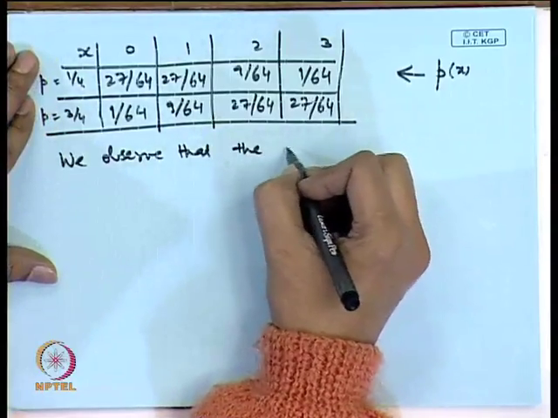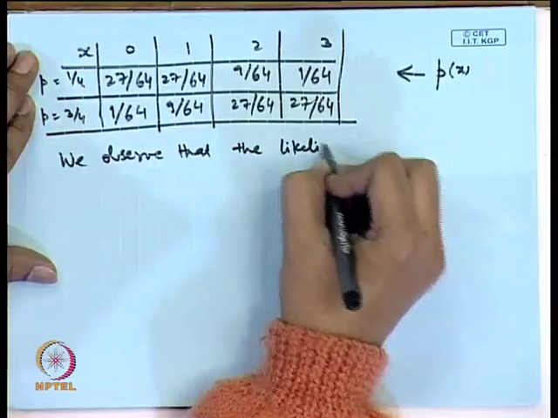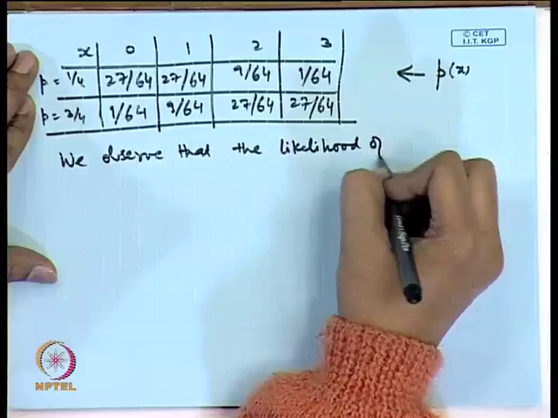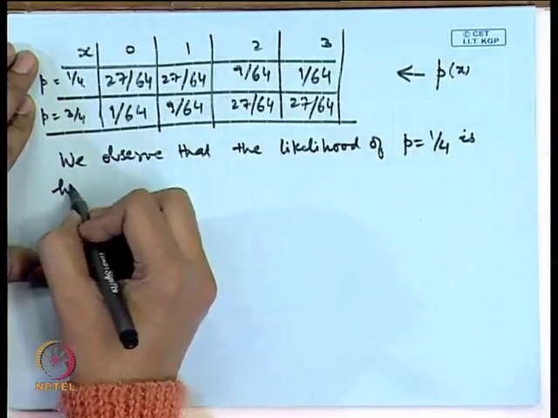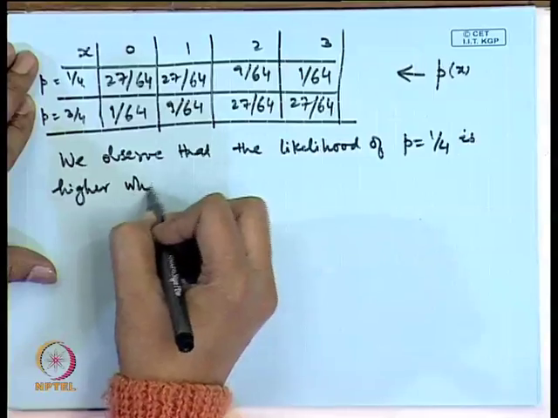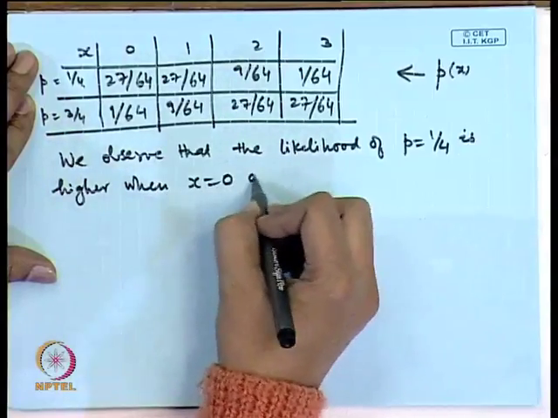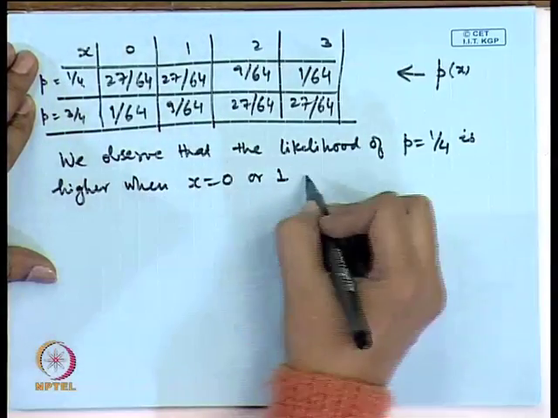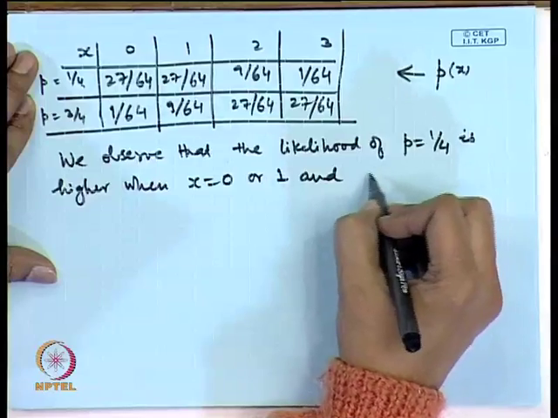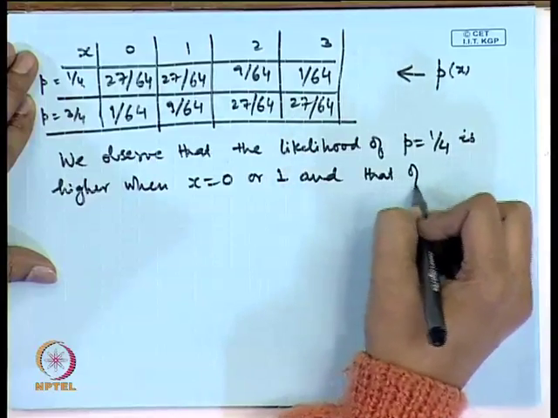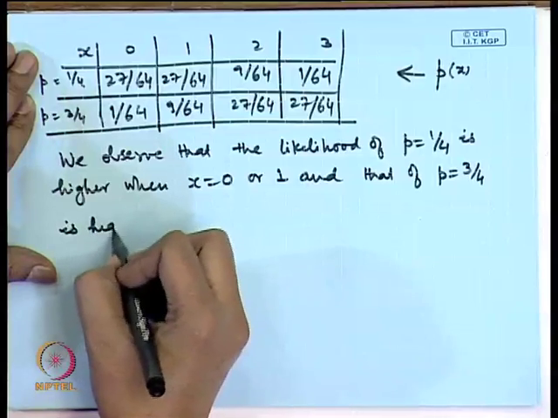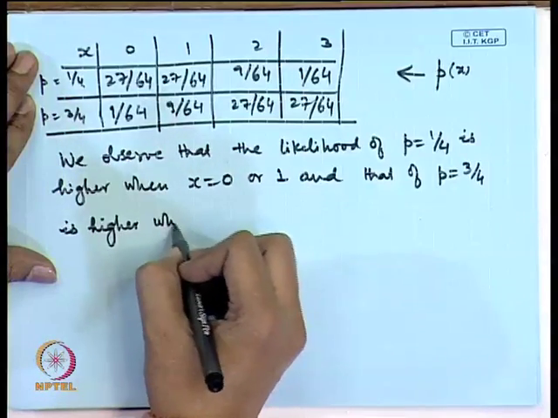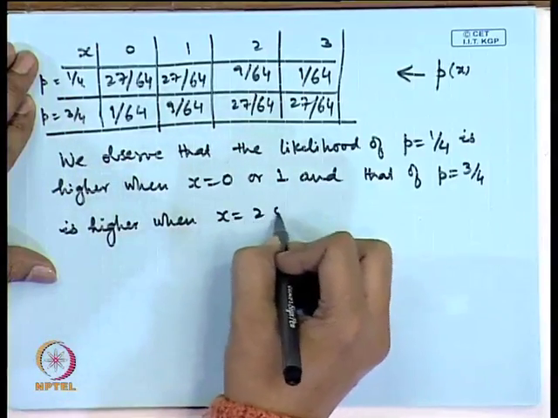We observe that the likelihood of p equal to 1/4 is higher when x is equal to 0 or 1, and that of p equal to 3/4 is higher when x is equal to 2 or 3.